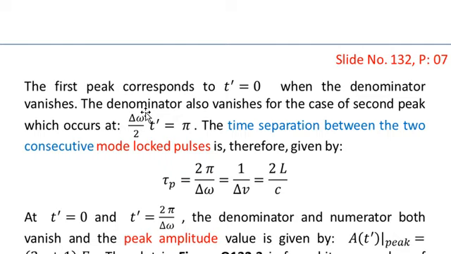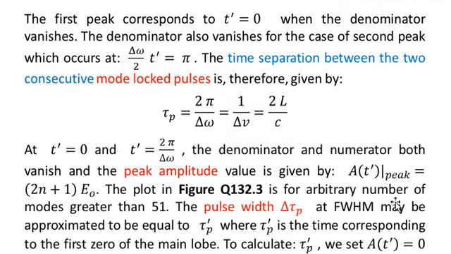But since we have shown only the two peaks in plot number 3, I am going to discuss only two values of time: when t prime is equal to 0 and when t prime satisfies this condition. So the time separation between the two consecutive mode locked pulses is therefore given by tau prime is equal to 2 pi over delta omega.